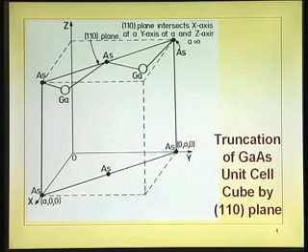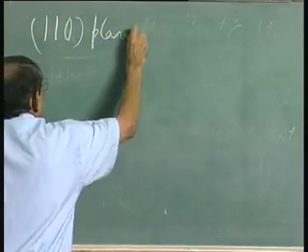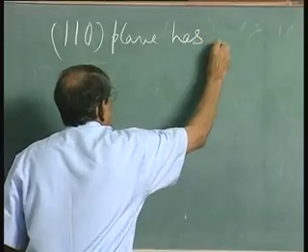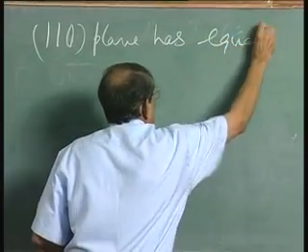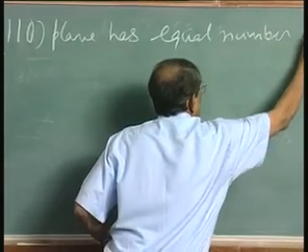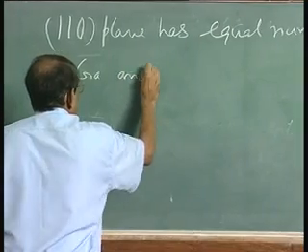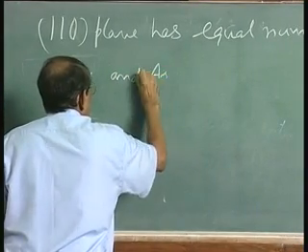If you take a look at the 110 plane, it has an equal number of gallium and arsenic atoms.